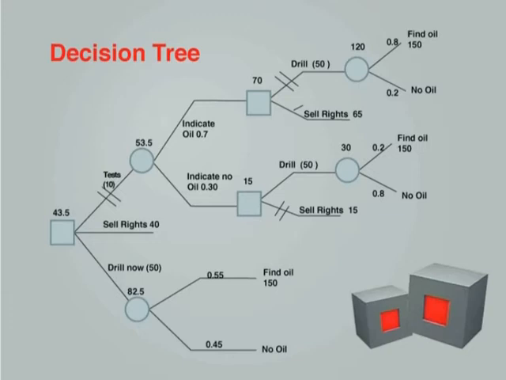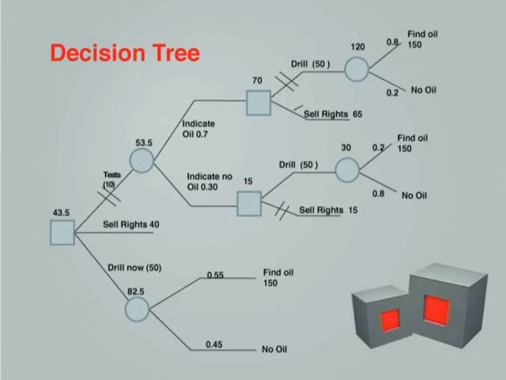So if we go for the drill now, there is a possibility which is 0.55, 55% probability that you will find oil. If you do that, you will get about $150 million. If you don't, which is 0.45, then you get nothing. There is this possible option.